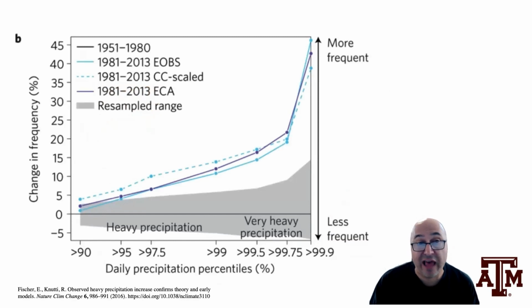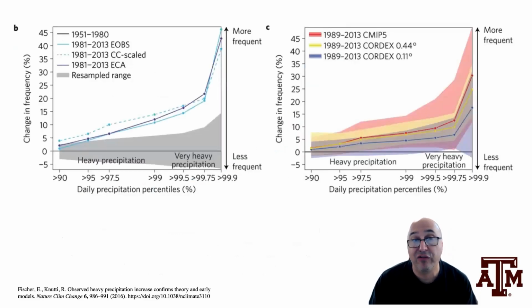And you can see that these heavy precipitation events are getting much more frequent. The heaviest precipitation events, the 99.9th percentile, are 45% more frequent at the end of the 20th century than in the middle of the 20th century. So indeed, this verifies the predictions of climate models. And we can compare these quantitatively on these two plots.